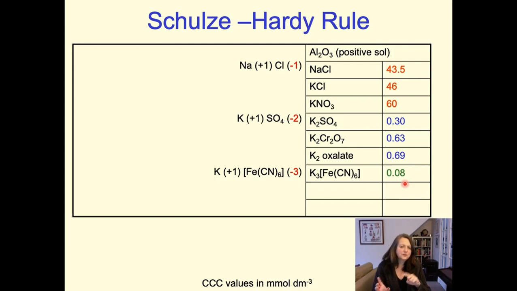It's also worth noting that if we didn't know that this was a positive particle, this data would tell us, because it is the negative ion that's having a significant effect on the amount of electrolyte that's needed to be added to cause flocculation, and not the positive ion.